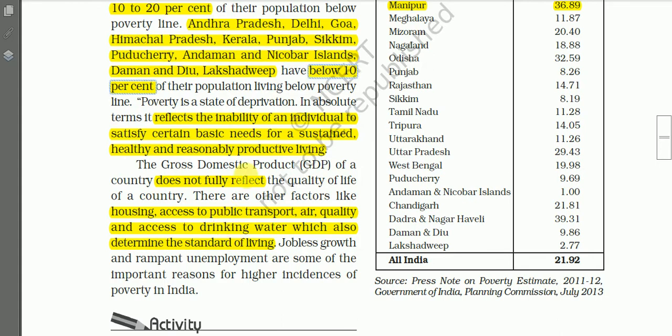Poverty is a state of deprivation, means not getting the entitlements.